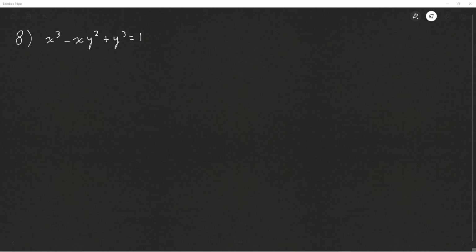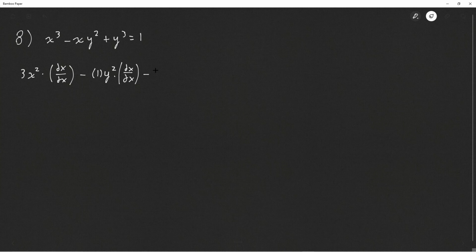Now with question 8, we have x cubed minus xy squared plus y cubed is equal to 1. And now when we're looking for our dy over dx, what we do is our same steps that we did before. So this will be 3x squared multiplied by dx over dx minus, and now we'll do with respect to x first, so this will be 1 y squared, but it'll be multiplied by dx over dx since we did the derivative of x.